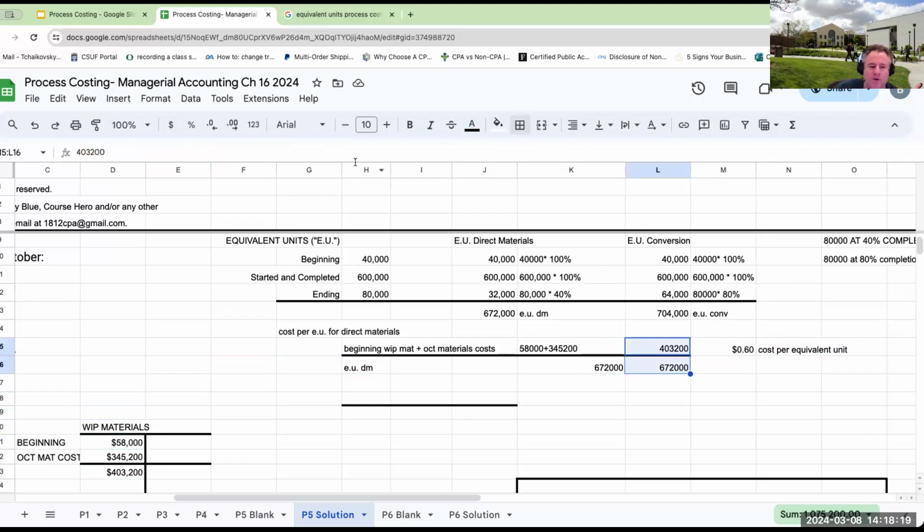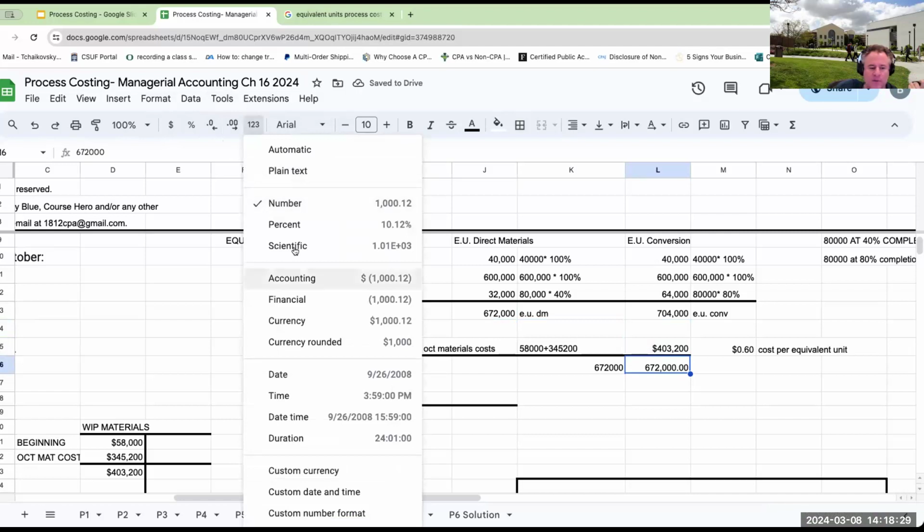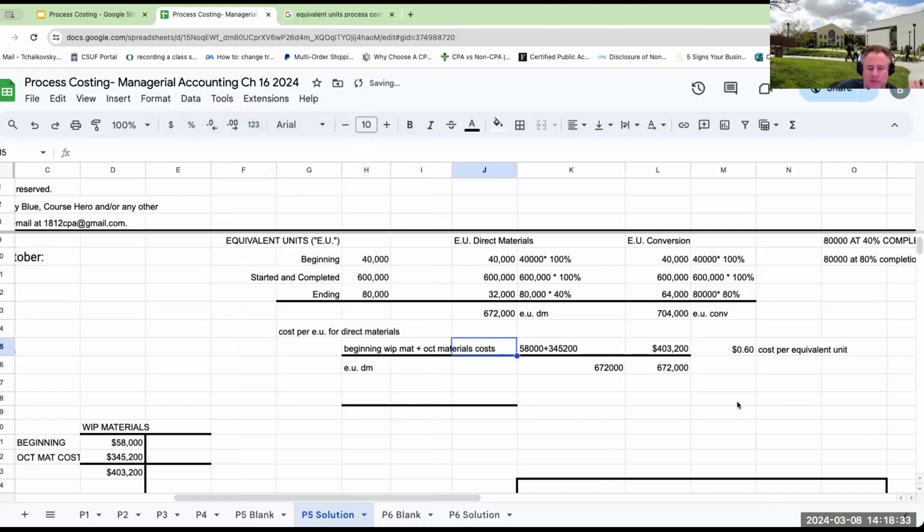I am then dividing this by my equivalent units for direct materials, which is over here. That's 672,000.